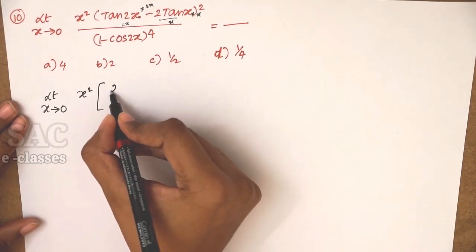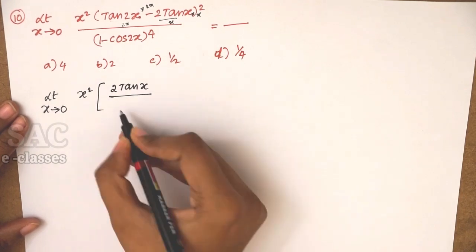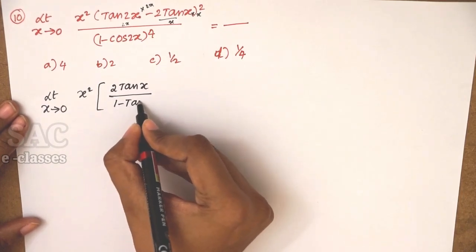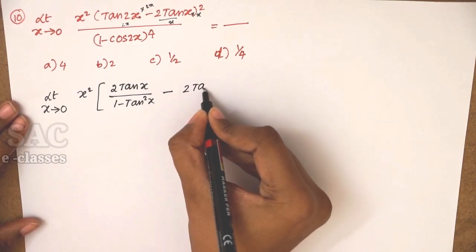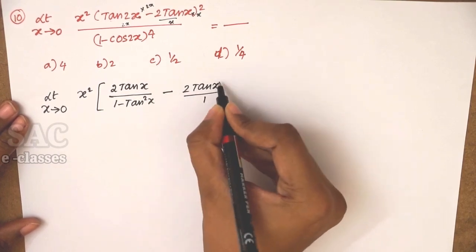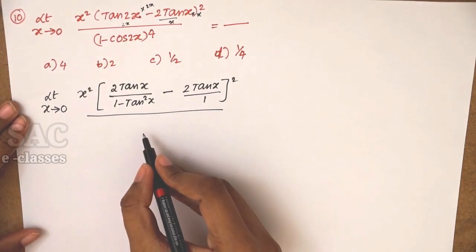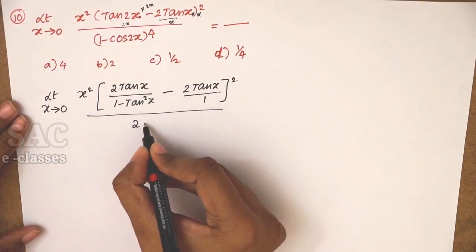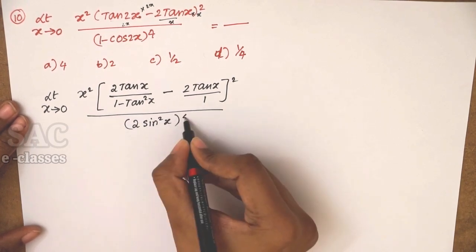Now tan 2x can be written as 2 tan x by 1 minus tan square x, minus 2 tan x by 1, whole square, whole by 1 minus cos 2x, which can be written as 2 sin square x, whole to the power of 4.